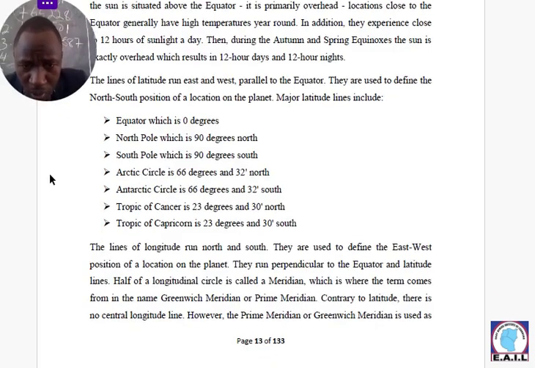When we proceed below, we have a statement which says that the lines of longitude run southwards and northwards. They are used to define the east-west position of a location on the planet.